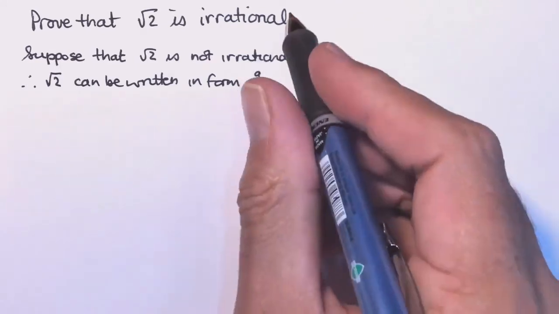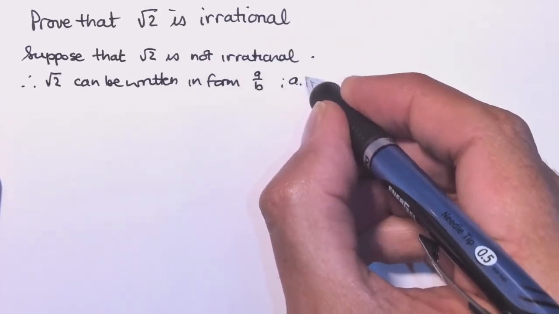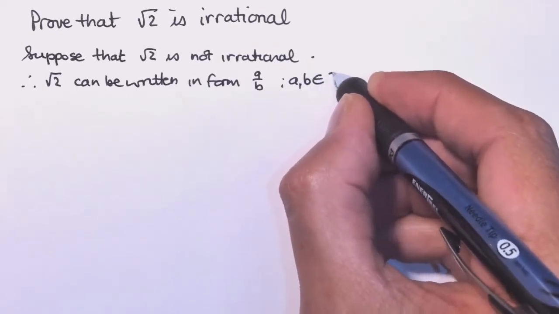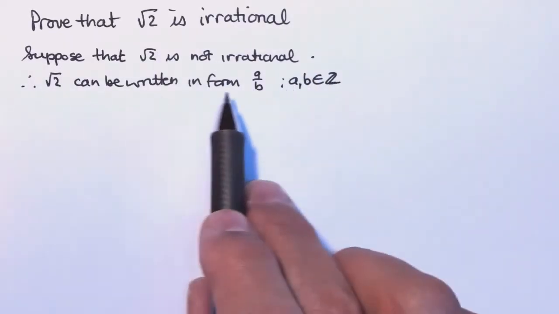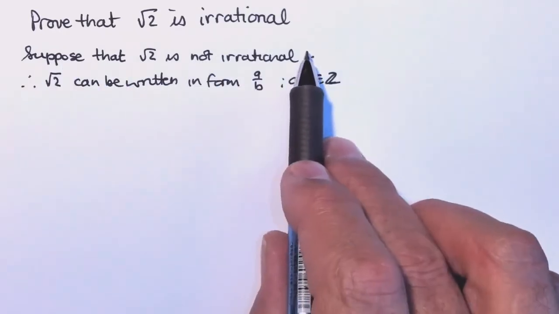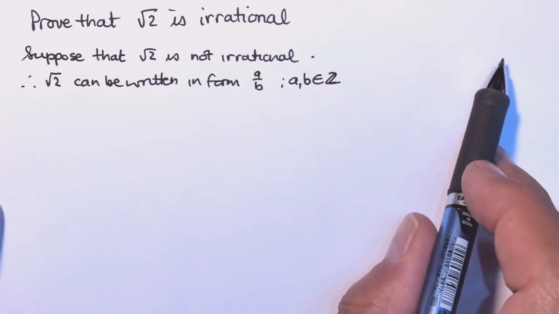Now remember, where a is an integer and b is an integer. So a and b are both chosen as integers. So the root of 2 can be written in that form because we're supposing it's not irrational. Not irrational makes it rational.